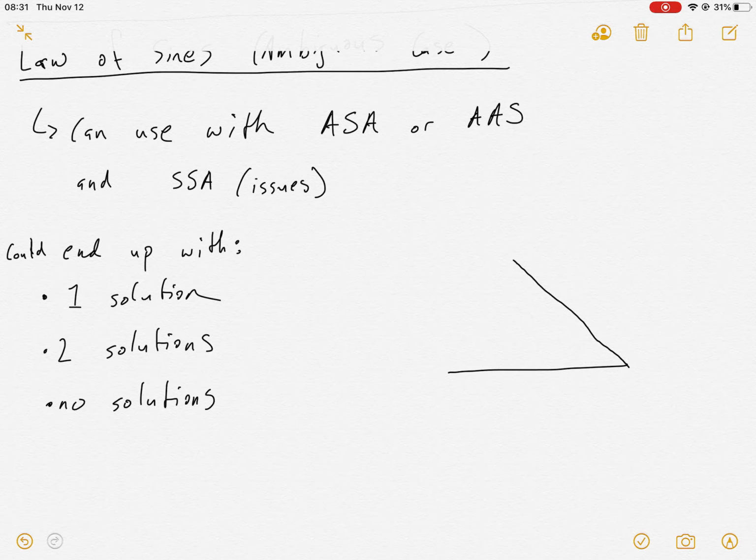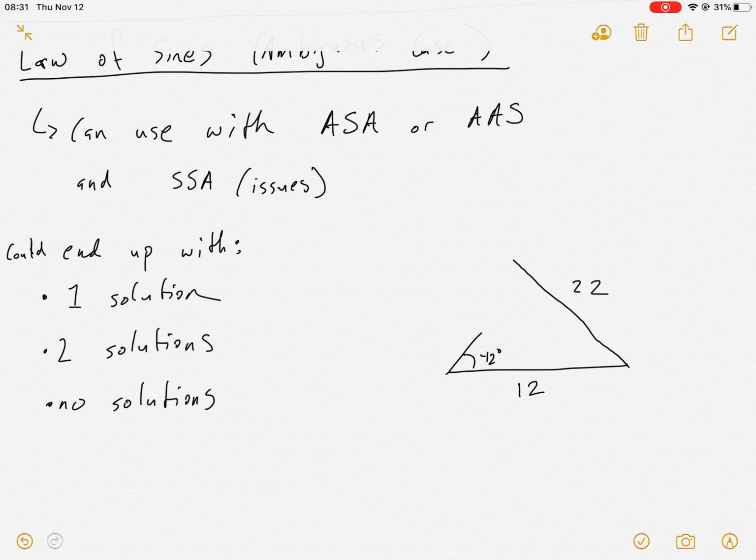So we have something like 22, call this 42 degrees, and then this one is 12.